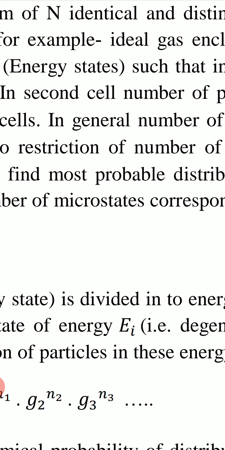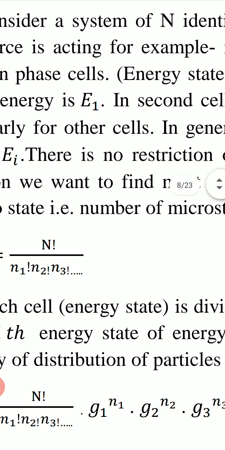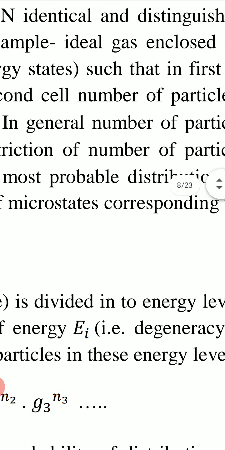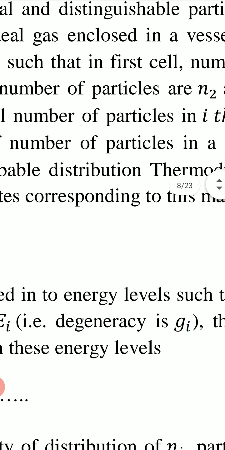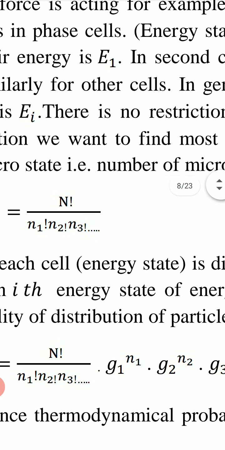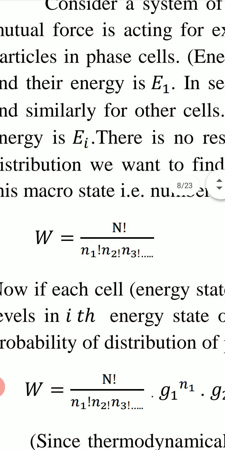So the total number of particles is capital N, and we have to distribute these N particles in different phase cells, that is, energy states, in such a way that in the first cell the number of particles is N1 and their energy is E1.